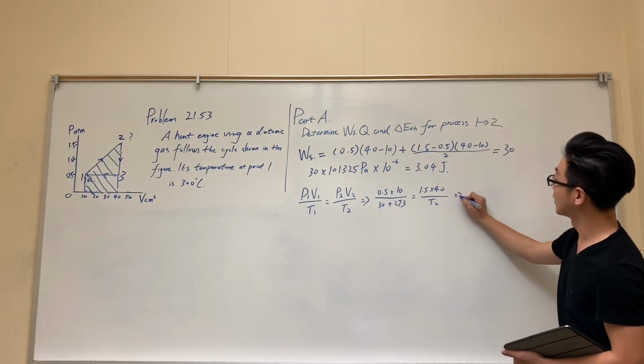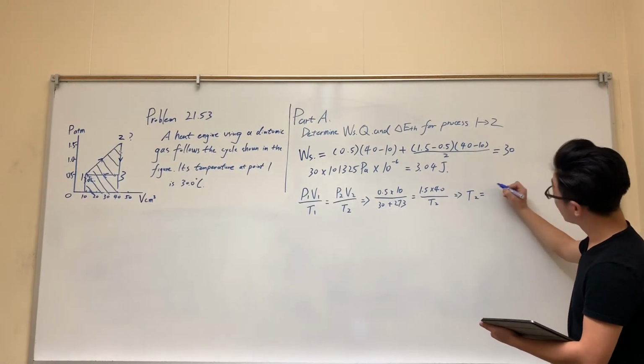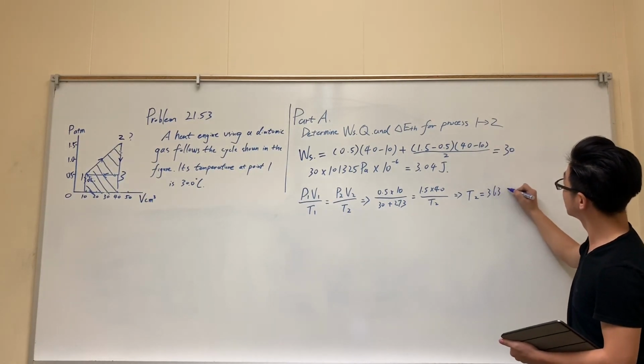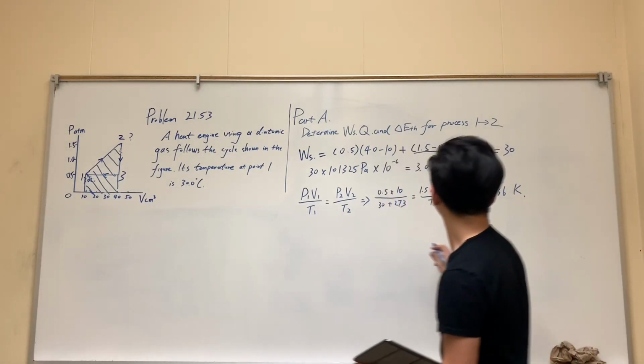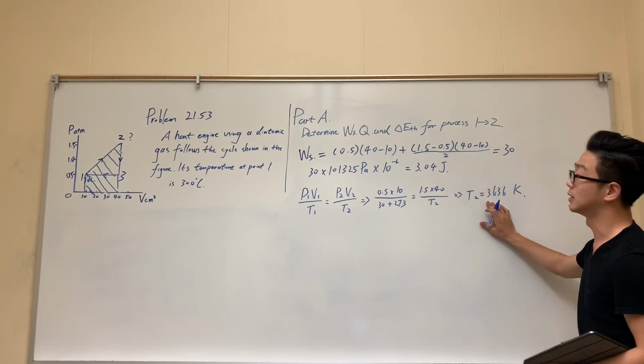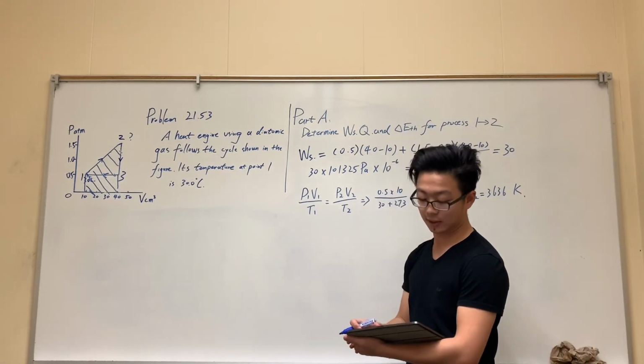So we can get T2 is equal to 3636 Kelvin.